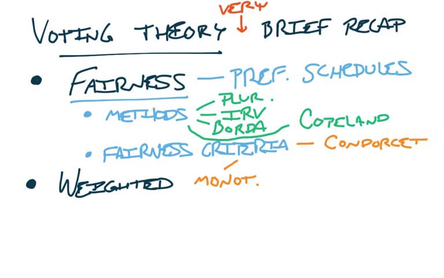That's really the hallmark of a fairness criterion. All right, the next one was the majority criterion. And this is the one that says that if a candidate is favored in first place by more than half of the voters, then that candidate should win the election.